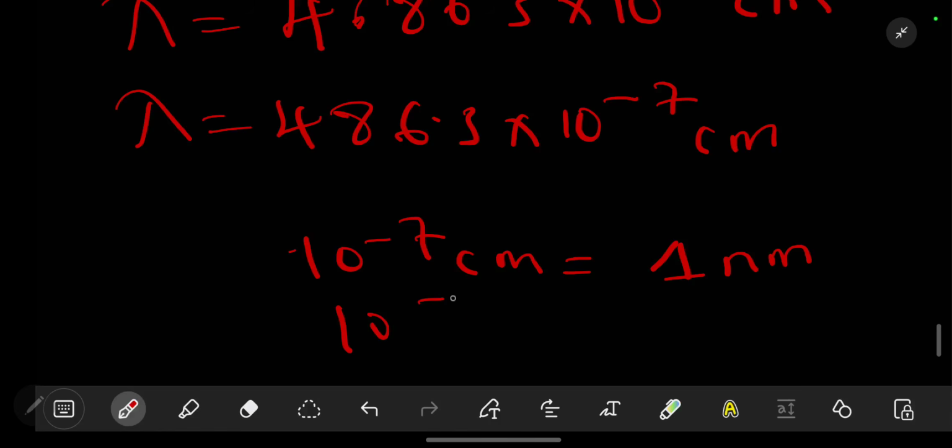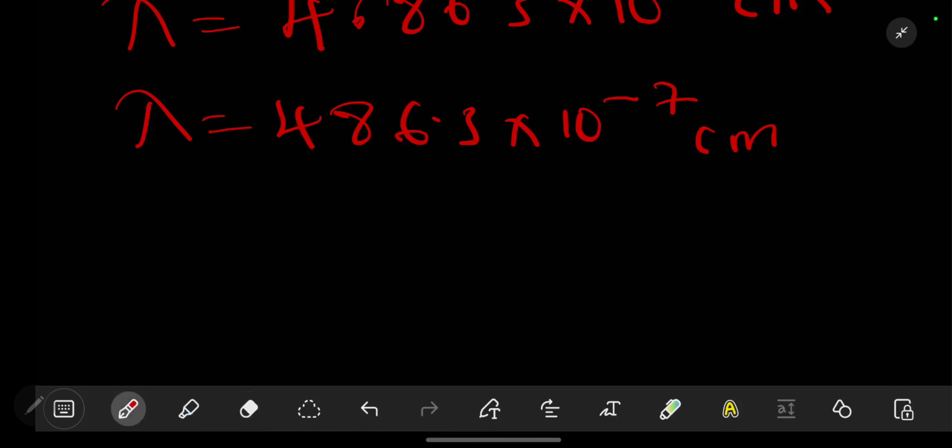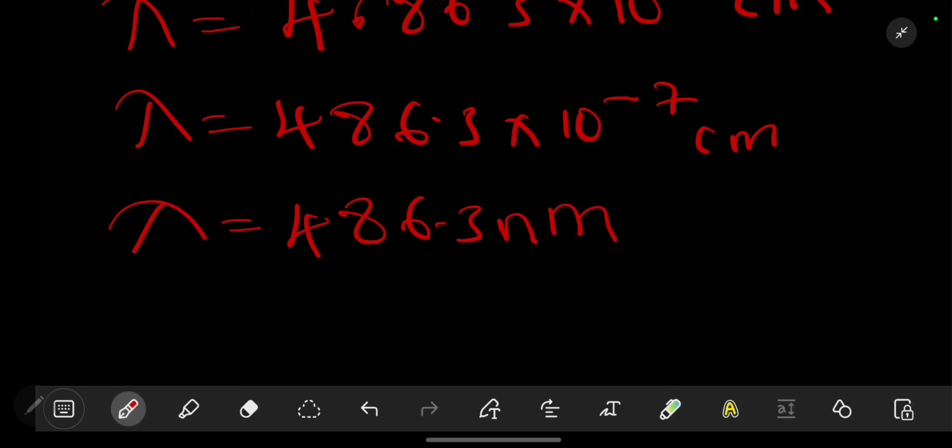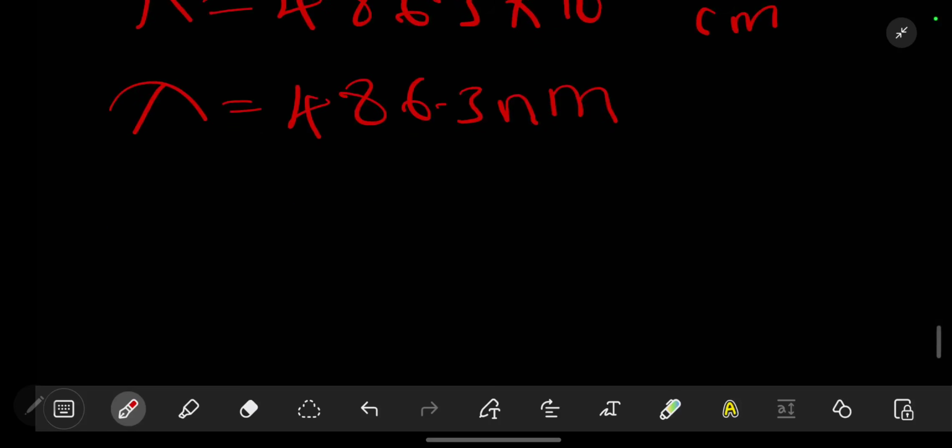Don't forget 10 to the power -9 meter. 10 to the power -9 is a nano, so we are getting the nanometer. So in this case, if we have the centimeters there, we are going to say nanometers. So we have this should be equal to 486.3 nanometers.